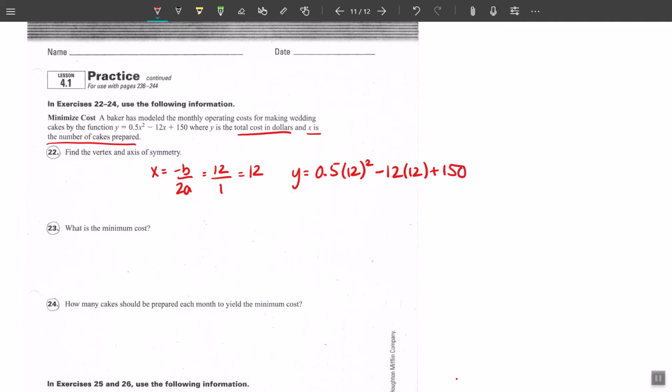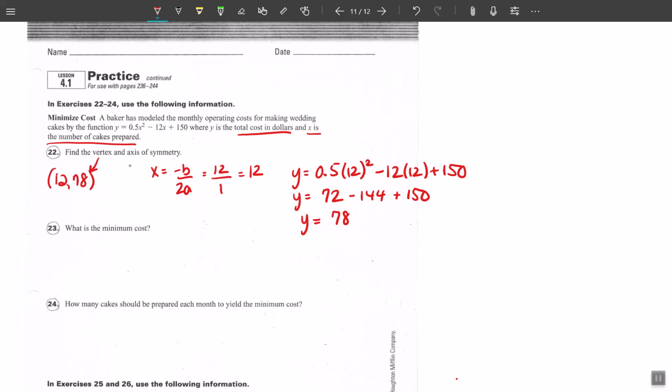We're just going to evaluate at x of 12 and find this right here and then end up with a y of 78 in the end. So when x is 12, y is 78. This is our vertex.